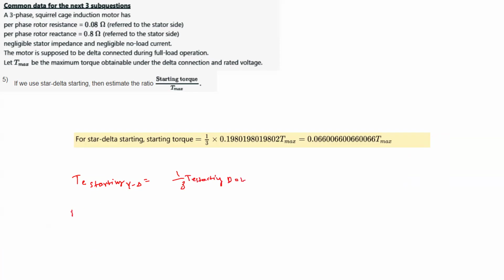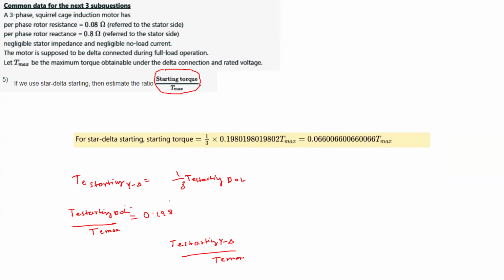In the last question, we found T starting DOL by T max as 0.198. Now they are asking what will be T starting star delta by T max. This is the ratio they are asking for now. In place of T starting DOL, you just replace it using this relation.